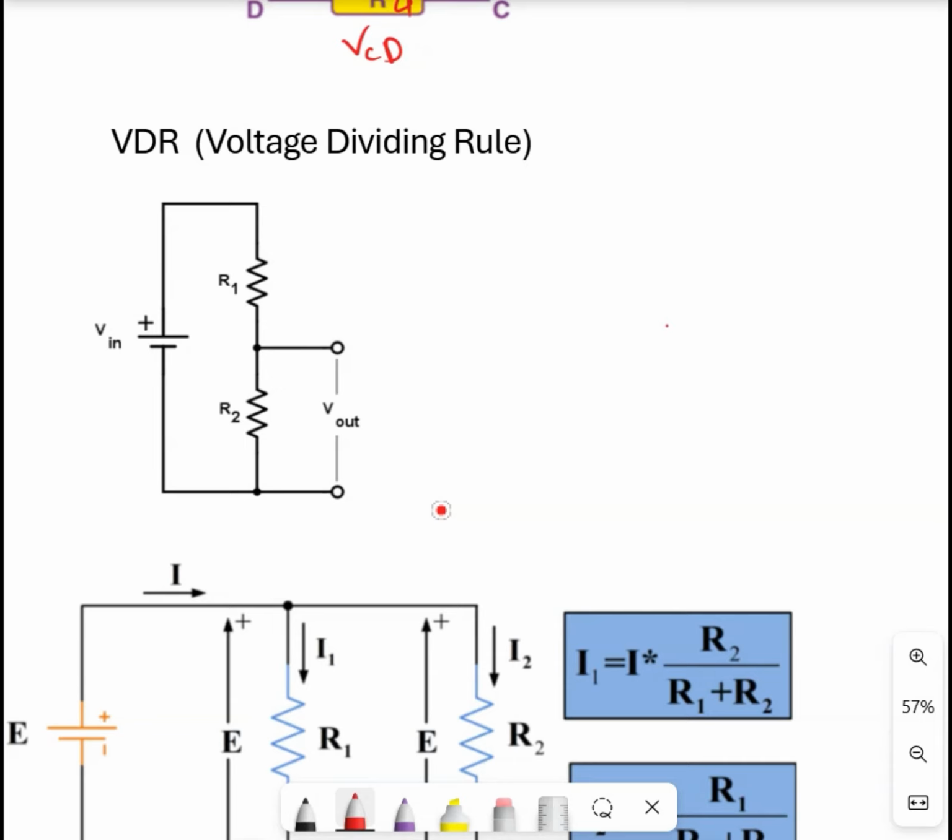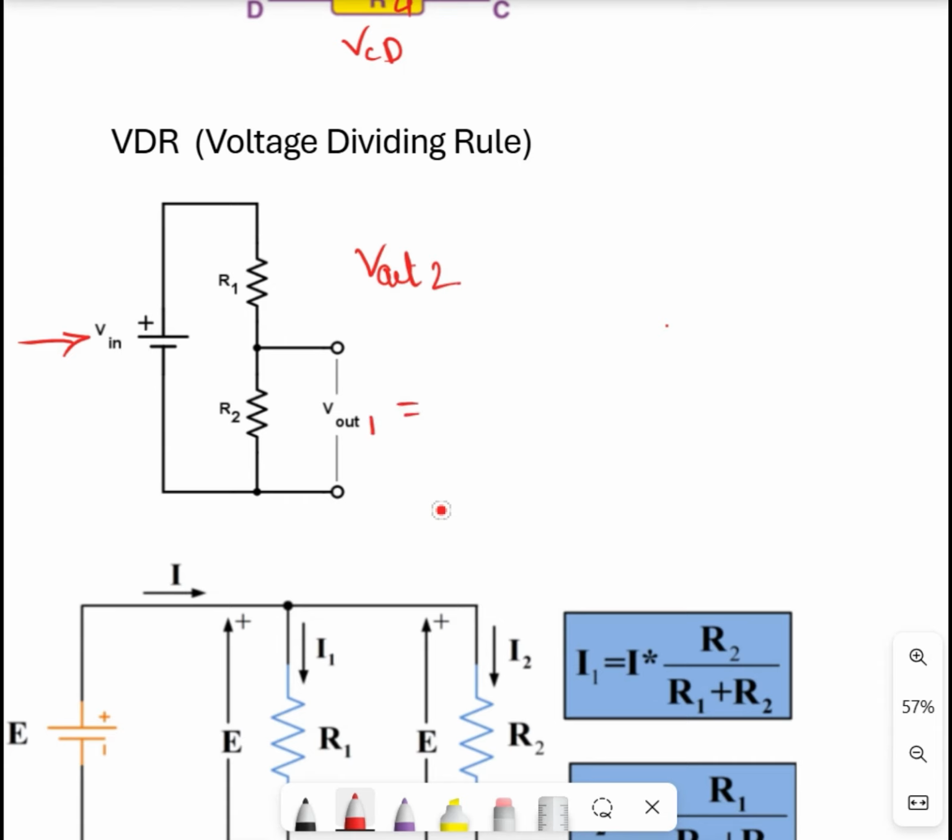Okay, so another important rule is VDR, the voltage dividing rule, right? So here is the input voltage V in, and these two resistors split it into two portions, right? So this is one V out, and another could be here as well, V out 2, and this is, let's say, 1.